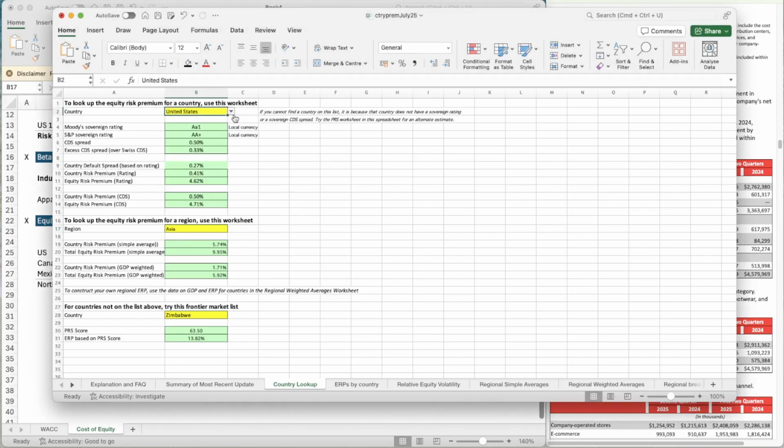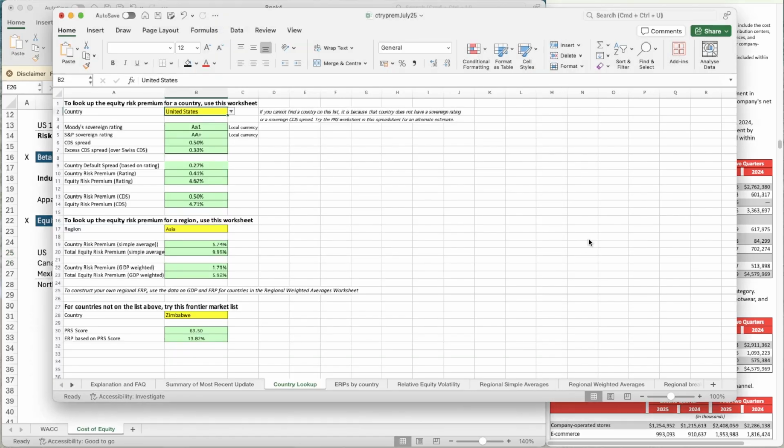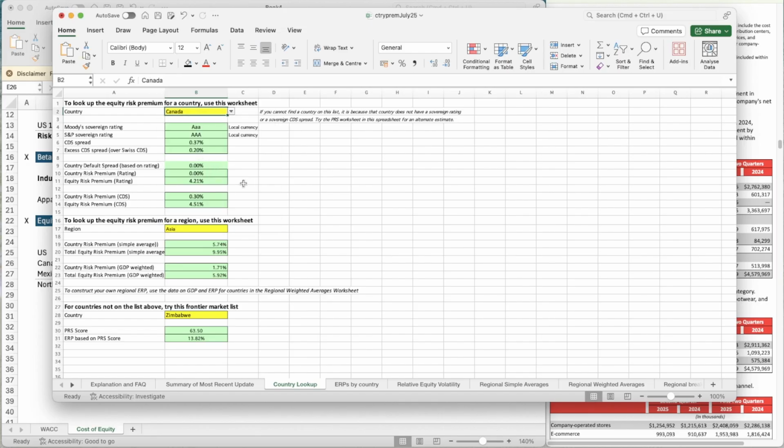So for this one, we want the United States. That's 4.62%. So we go 4.62%. Then we want Canada. And we get 4.21%.